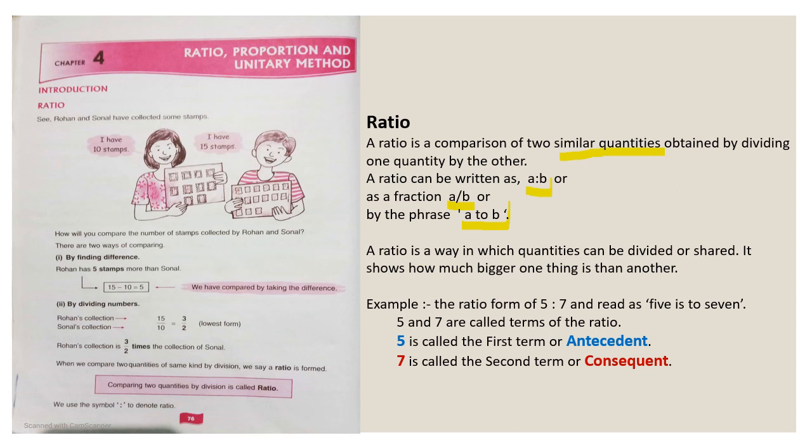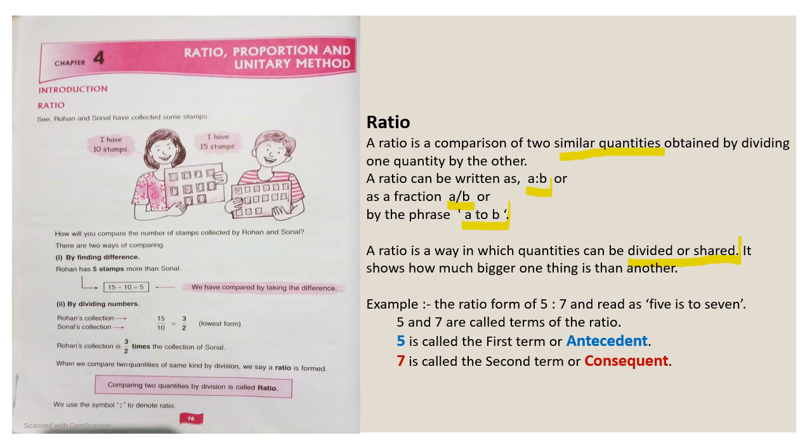Next, a ratio is a way in which quantities can be divided or shared. Like you have all heard in your family: kindly share your trophies among you all, share this pizza with all.